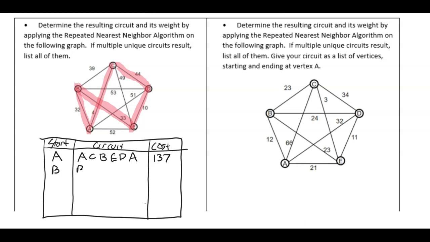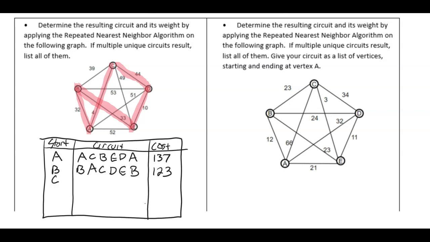So, B, A, C, D, E, B. Adding those up, we get a weight of 123. So again, starting at B, 32 plus 4 plus 44 plus 10 plus 33. You can check that, 123.